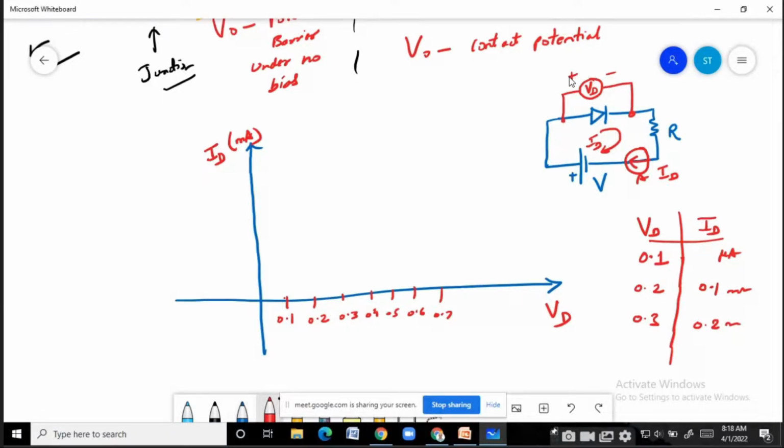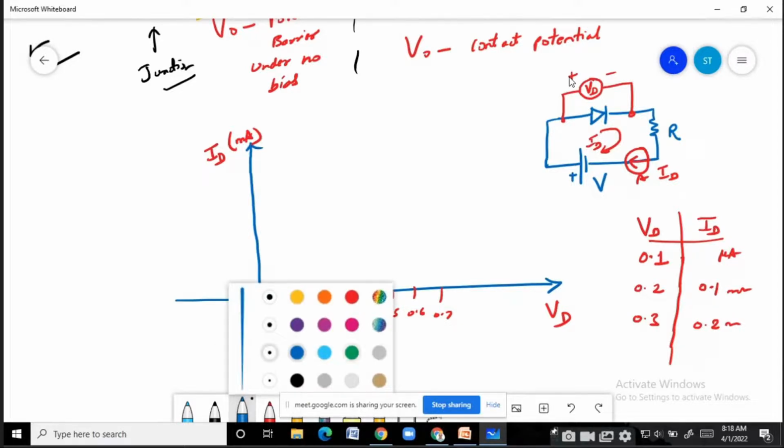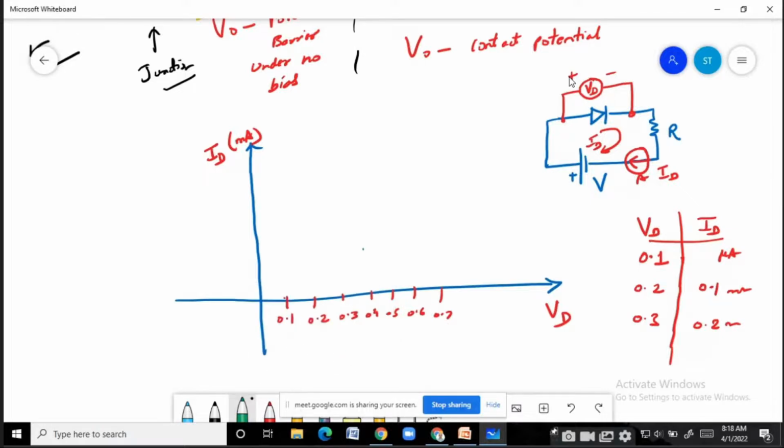So you plot these points. Initially the current is very small. At point 1 I have this point. At point 2 the current has increased by a small value. At point 3 it has further increased. At point 4 it is increasing. At point 5 it goes like this, and at point 6 it goes like this.